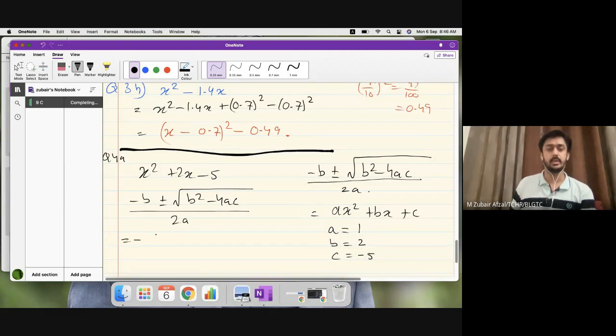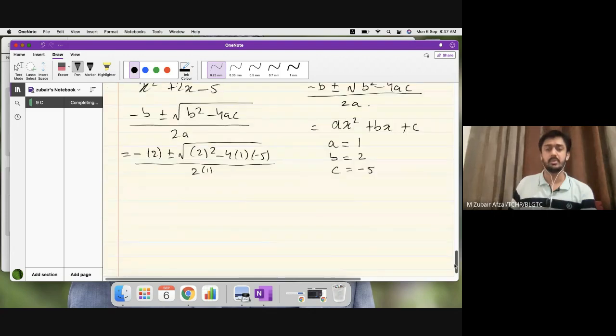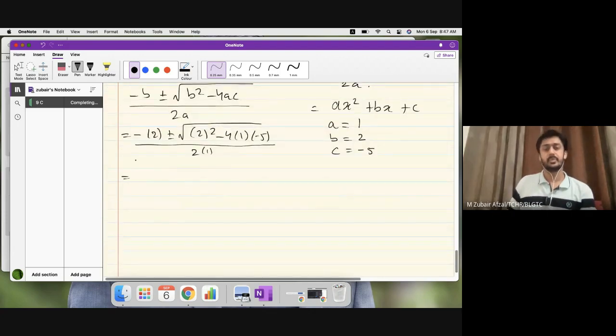So minus b plus minus under the root b squared minus 4ac over 2a. When we use these values, b is 2, this is 2 squared, minus 4 times a which is 1, c is minus 5, and a is again 1. So simplifying this, we get negative 2 plus minus under root 2 squared is 4, 4 times 5 is positive 20, so 24, by 2.